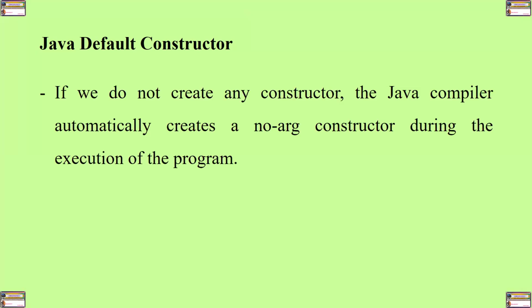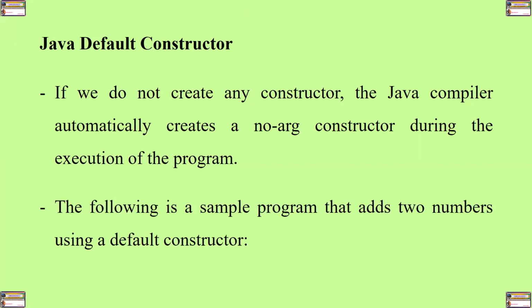So how has Java been working? Java has been creating what we call a default constructor. So if we do not create any constructor, the Java compiler automatically creates a no-argument constructor during the execution of the program. You may not see it, but it is created.